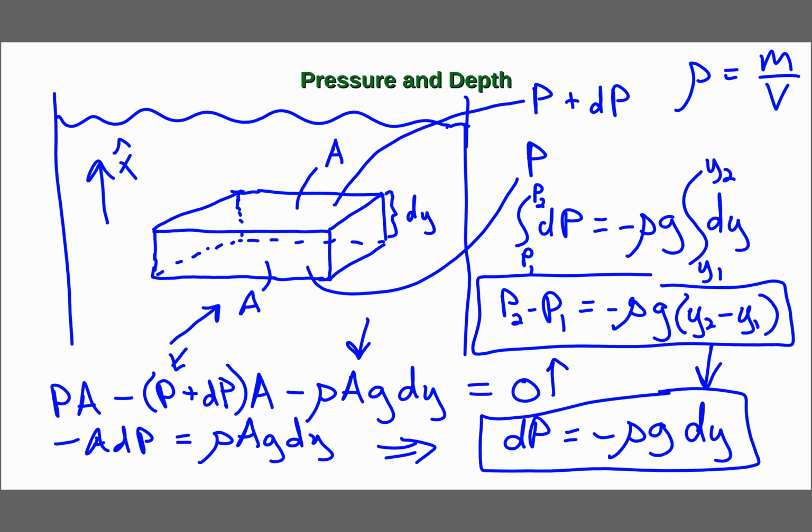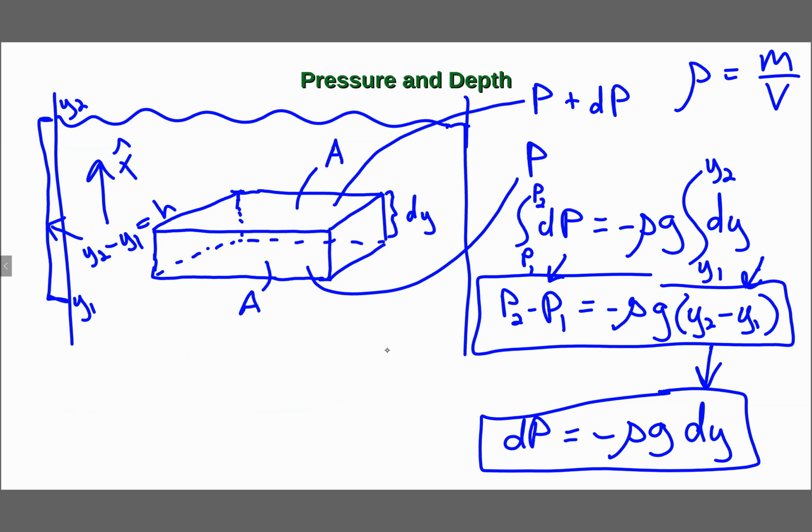So then we have a relationship with delta P, right? P2 minus P1 is delta P, and delta Y, right? But if we call this change in Y the depth, so if we go from the top down to some point, right? And this is Y2 and Y1, then this distance, Y2 minus Y1, we can just call that H, okay? We'll call that the depth H.